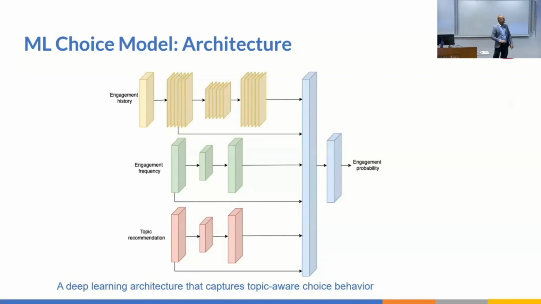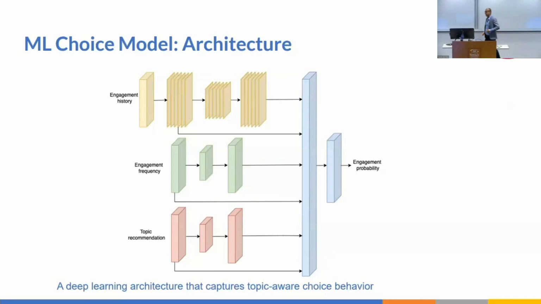And these arrows just represent some transformation going on. So given a vector, I get some other vector, and from that vector, some other vector. And finally, what I need is the engagement probability, the probability that the user clicks or, in our case, engages with the tweet, given the engagement history and frequency and what I want to show them. That's obviously part of the input.